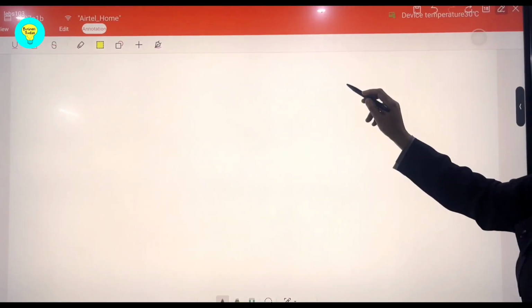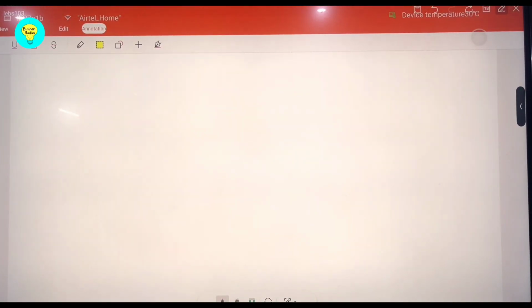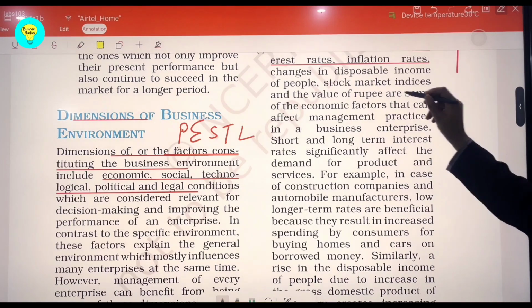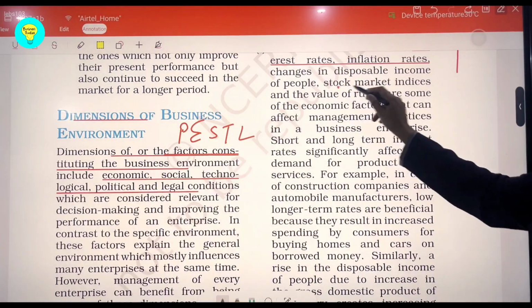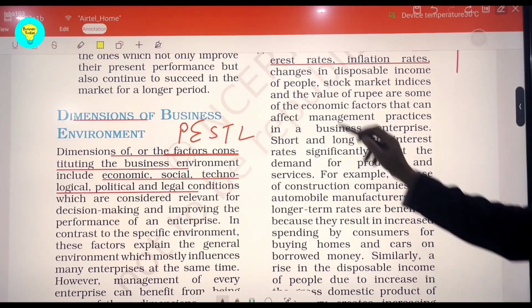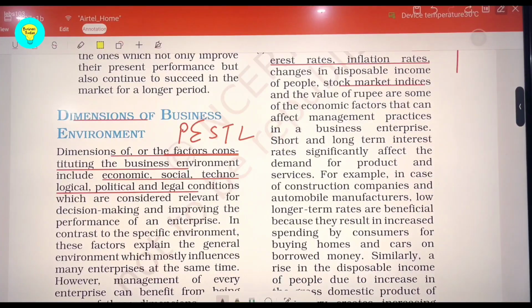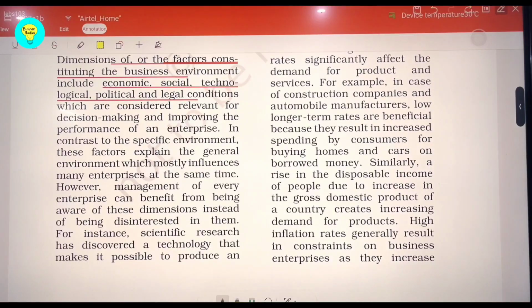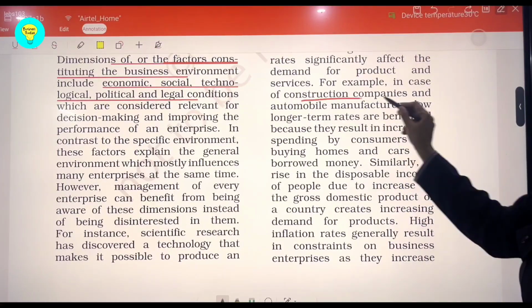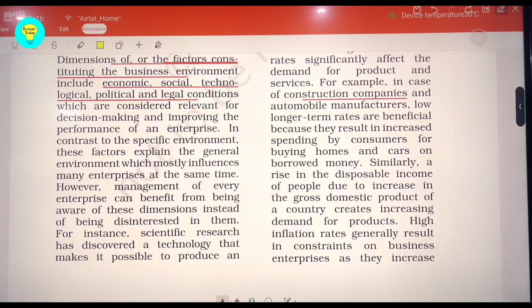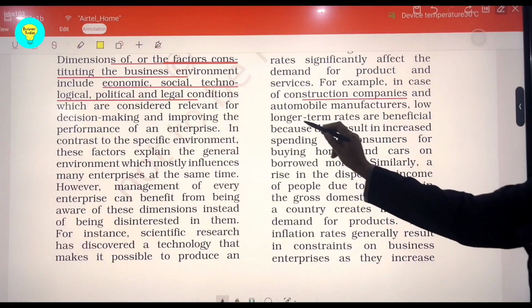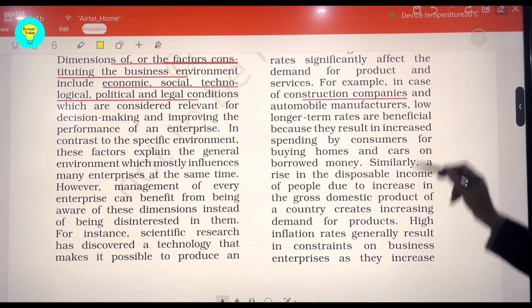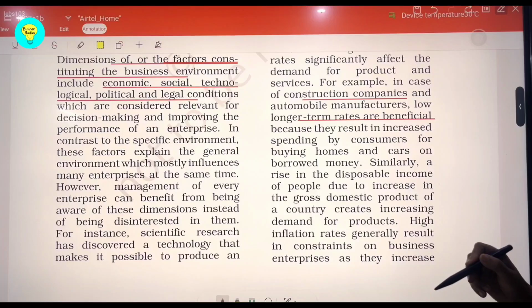And if we see the brief explanation on this in your book, they are talking about interest rates, inflation rates, the disposable income of the people, stock market indices, the value of rupee, as we talked about foreign exchange reserves. Then a few examples are also given which you should concentrate upon, like in the case of construction companies and automobile manufacturers, long-term interest rates are beneficial because of increased spending by consumers buying homes and cars with borrowed money.